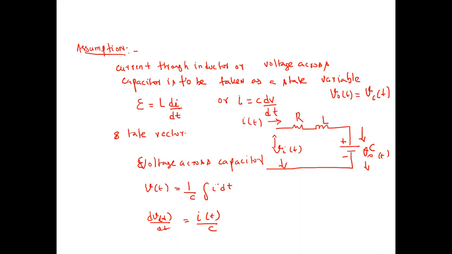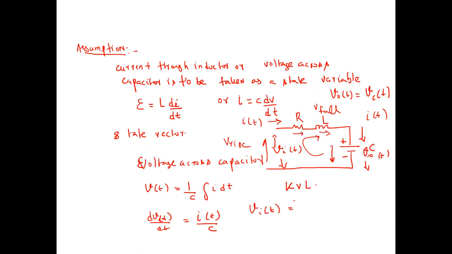Now if I apply KVL around this loop, the input is Vi of t, which is the voltage rise, and the rest are drops. So V rise is equal to V fall. Suppose I take the current as I of t.